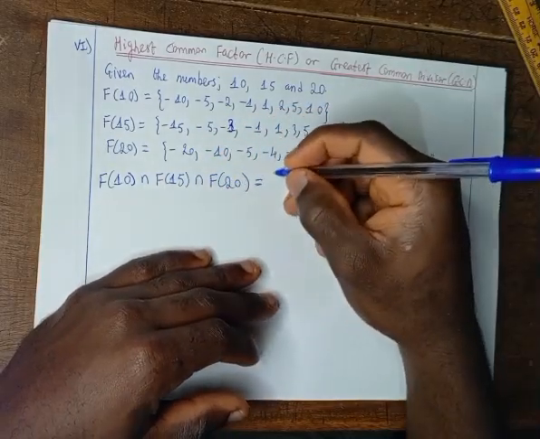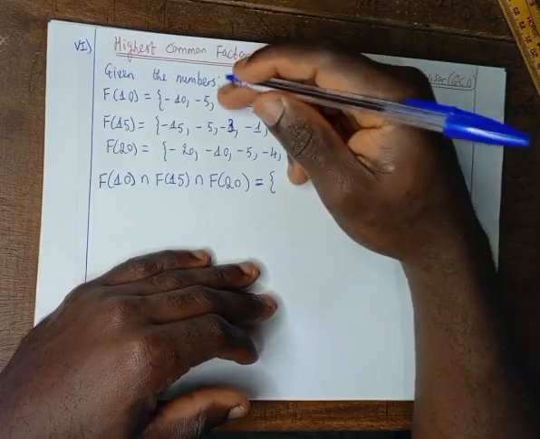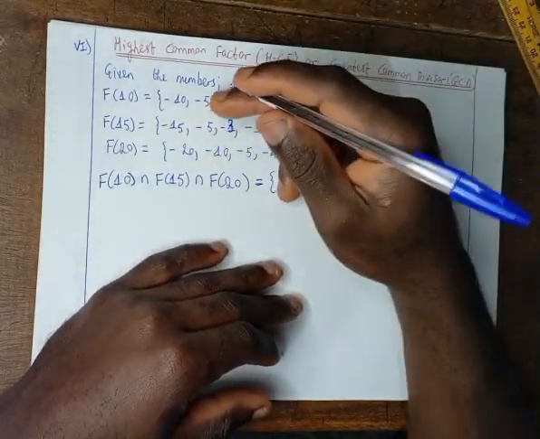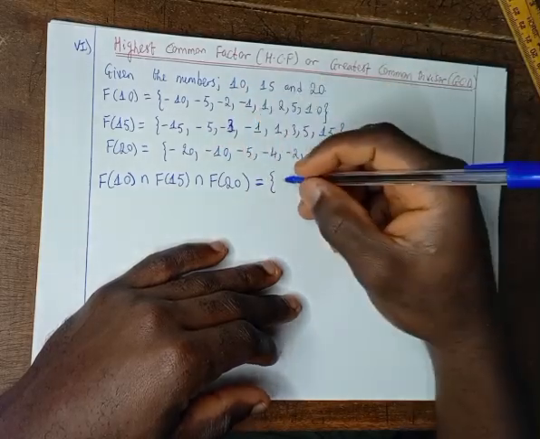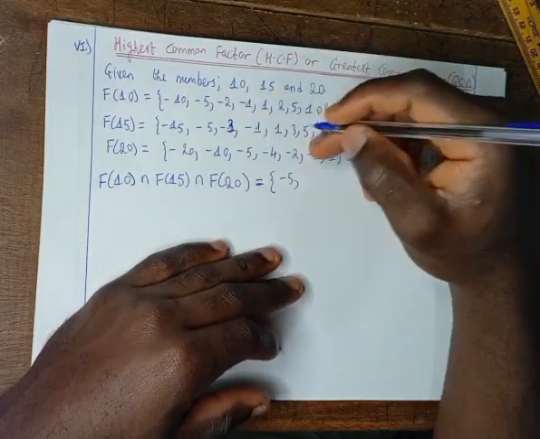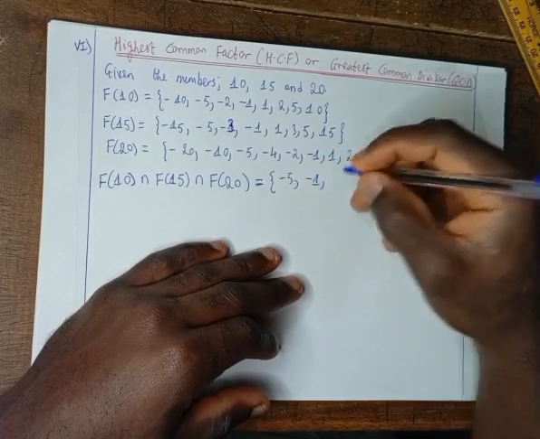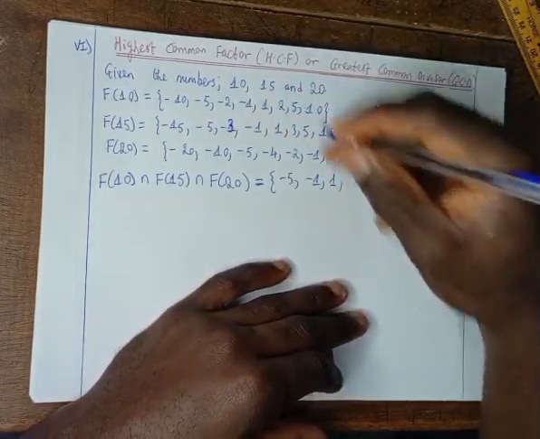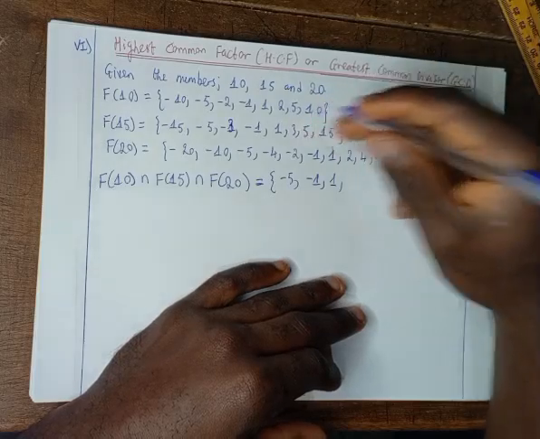It will simply be equal to, we are going to look at the 3 sets and write down all the elements we see in all 3 sets. We have negative 5, negative 1, 1, and lastly 5.